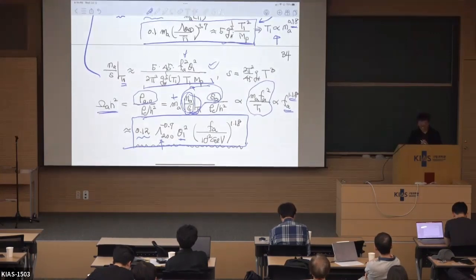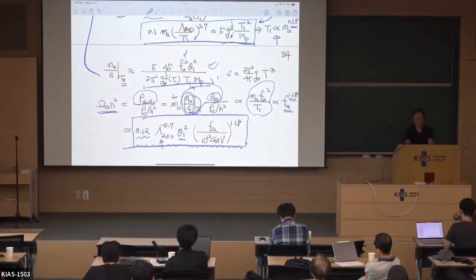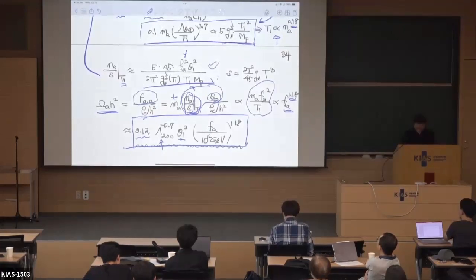So we get it free. So that was why the axion was very popular in old days. And then this kind of structure was understood for a long time, and people were not interested anymore. But now, since there is no supersymmetry, no dark matter, no WIMP, axions and axion-like particles became again very popular.